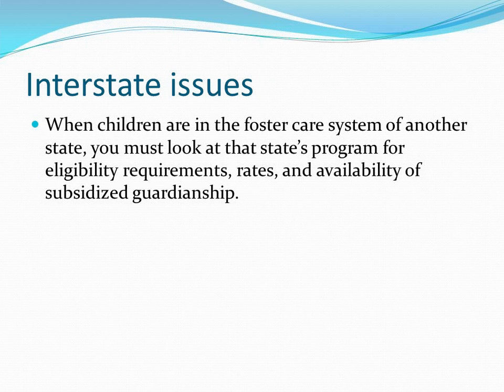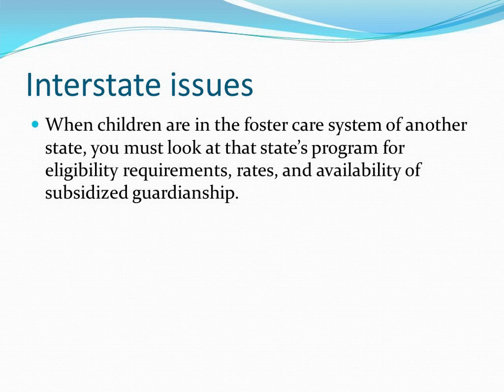If the child's in Arkansas, I'm making that up, I don't know if they have a guardianship program or not, and let's just say Arkansas doesn't have a guardianship program, then subsidized guardianship is not going to be available, and you have to look at adoption assistance if that's something that you need. So that's interstate issues.